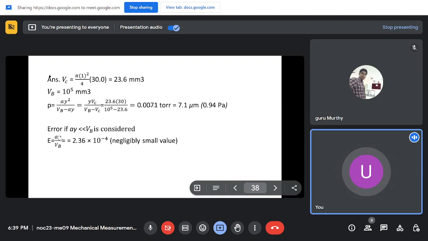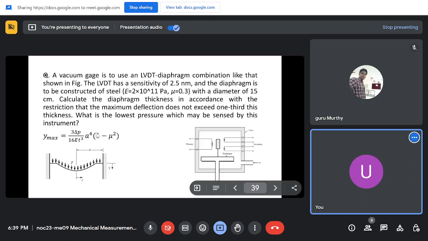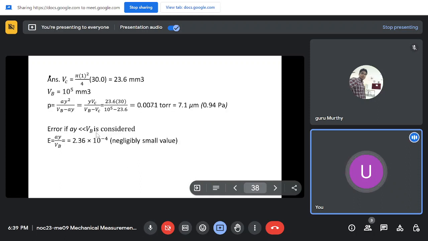We know VC is 23.6, so we substitute that value, 23.6 by 10 power 5. That comes out to be 2.36 into 10 power minus 4, which, if you see, the error is very small. So you can even consider this assumption. I hope this is clear.